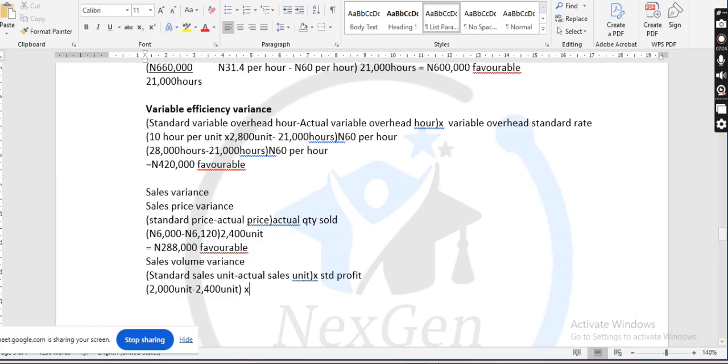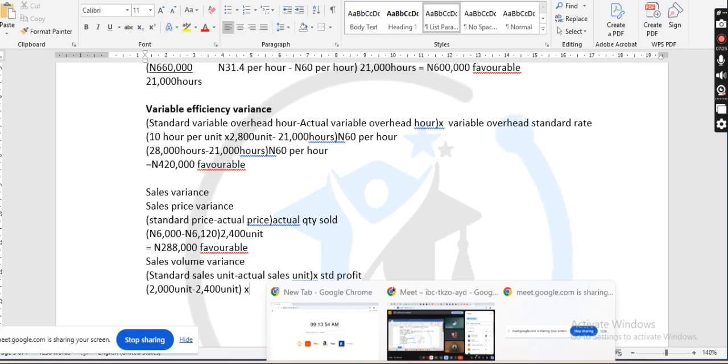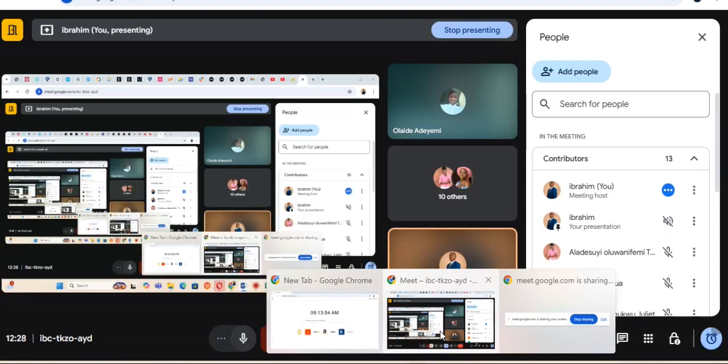Believe me, if you think you've understood this variance and you do not go back and do two more questions after this class, you will not retain it.